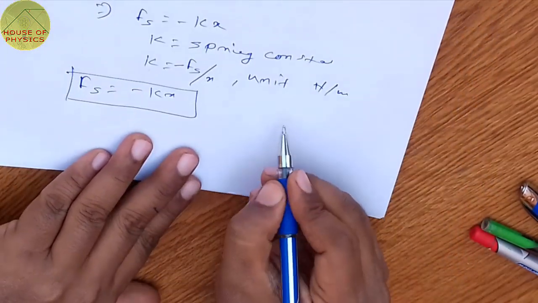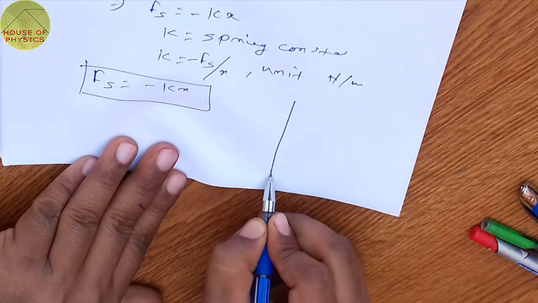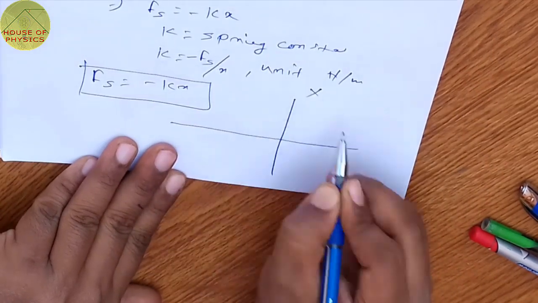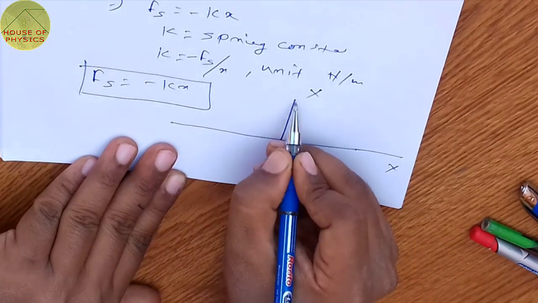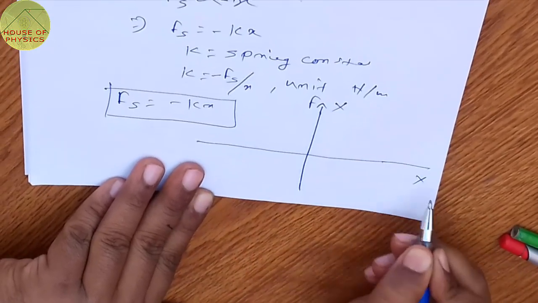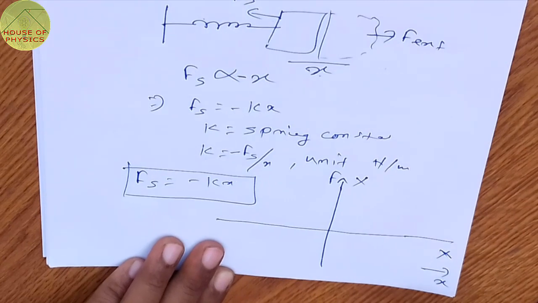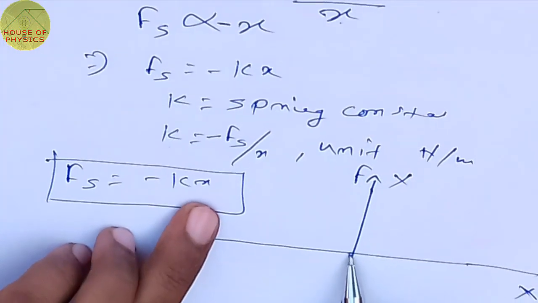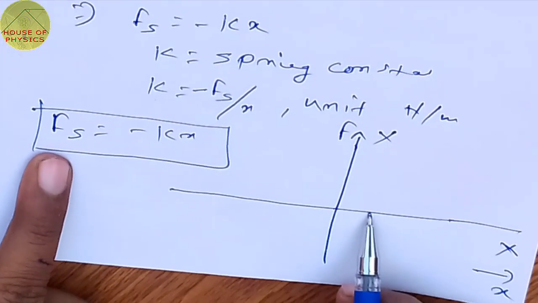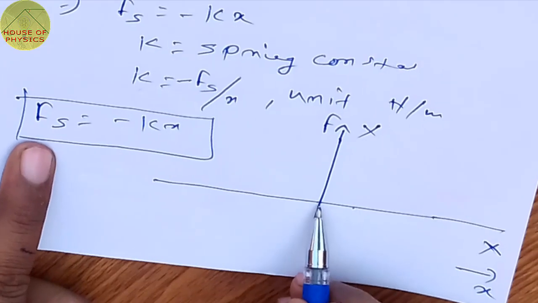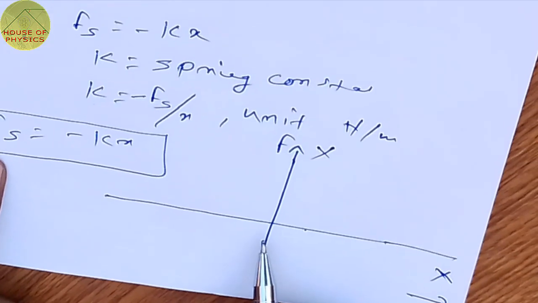I will draw one simple graph here. This is the y-axis and this is the x-axis. I am taking the force on the y-axis and displacement x on the x-axis. This direction is x. If you take x positive, then the spring force will be negative.